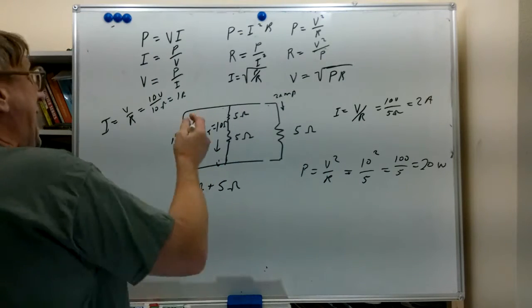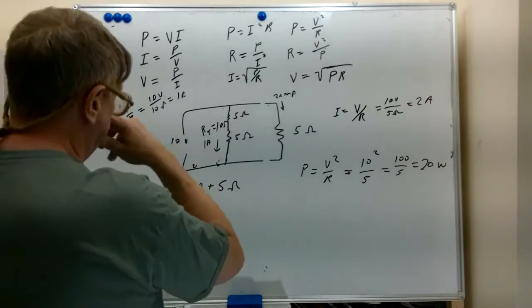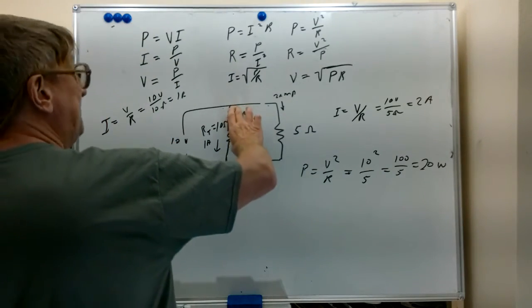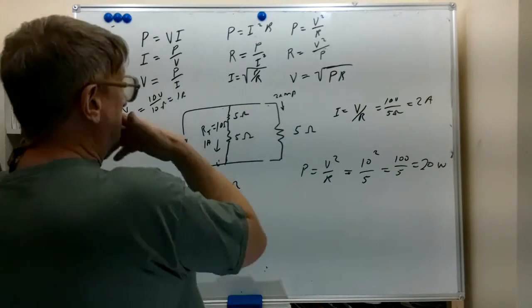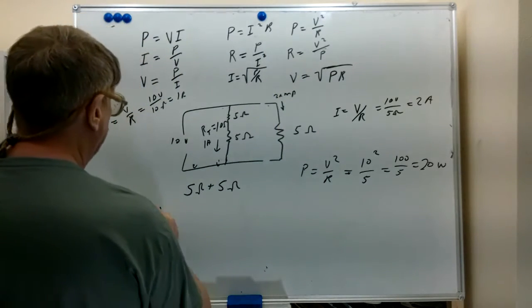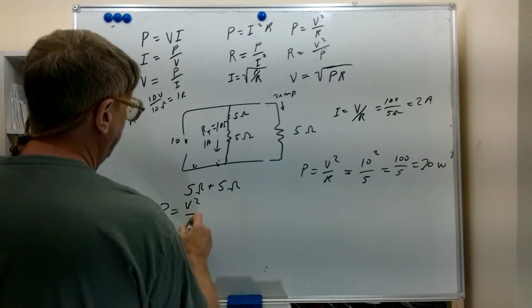Let's figure out how much power is being dissipated in this branch. We're going to go back to our given 10 ohms we got by adding those two, and the 10 volts. Power equals voltage squared divided by resistance.